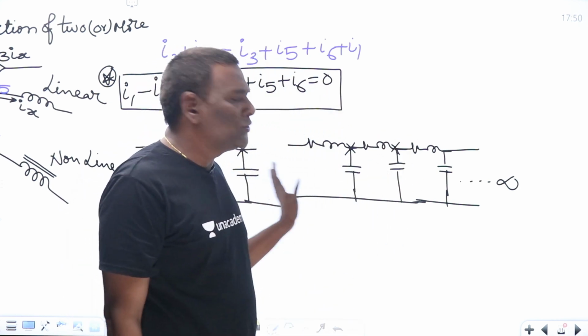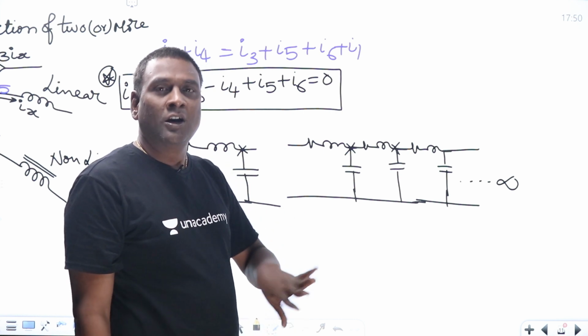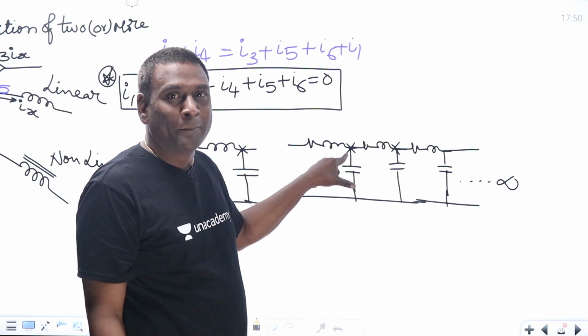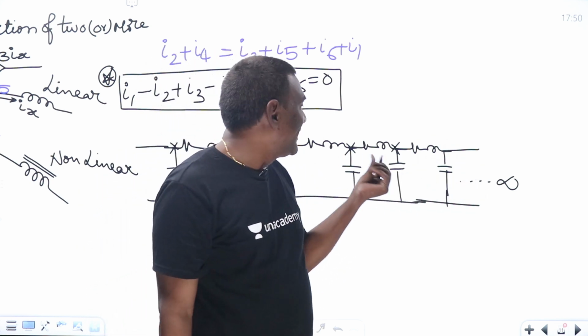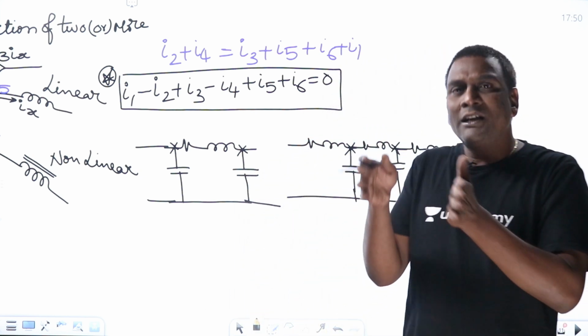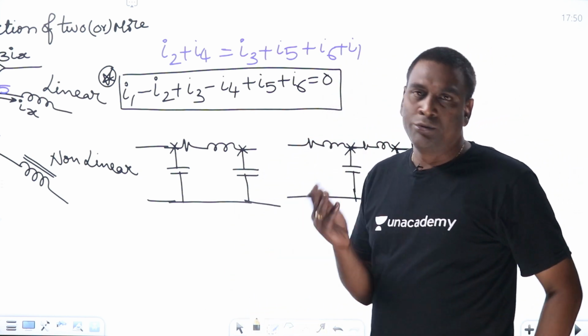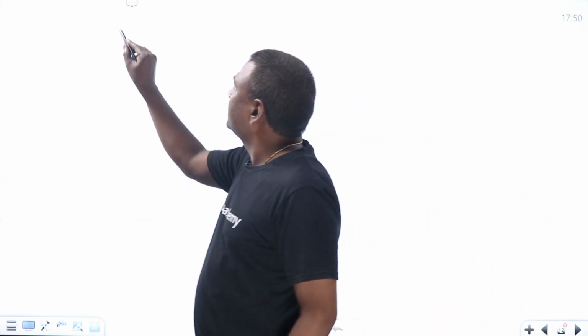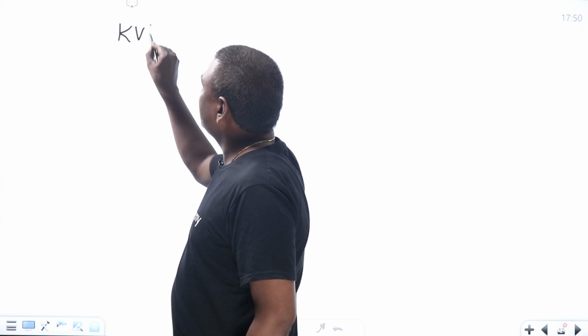Rather than that, of course, we are going to develop some other ways of solving this. We can apply here, but we cannot apply here, because in a distributed parameter model we cannot touch one node. That's why in a distributed parameter model, mathematically we are going to convert it and work with that.